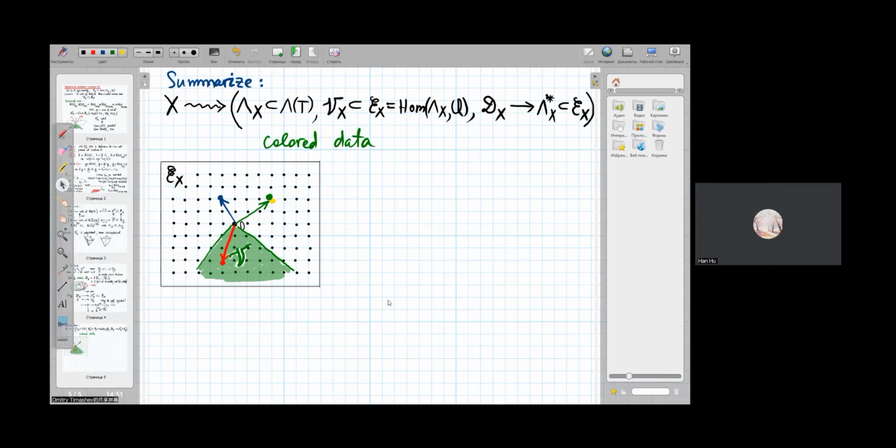So this is a combinatorial object. We only consider the combinatorial structure, not the geometry. So the answer is that the classification of spherical varieties in a given birational class can be formulated in terms of colored data considered as a combinatorial structure.